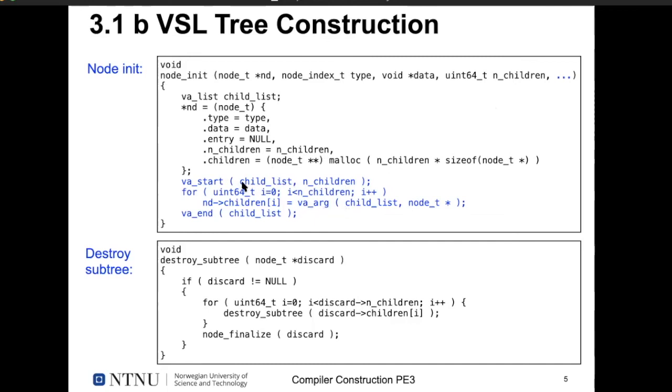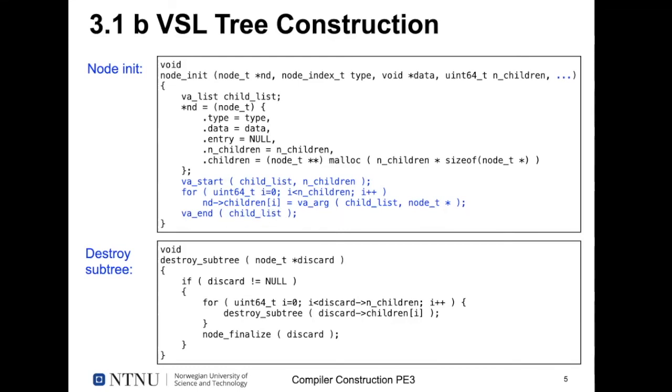This goes over the child list mentioned in VA start. The node T pointer indicates that we want a typecast to node T pointer. When you finish this, you should use VA end, a macro that does some cleanup afterwards.